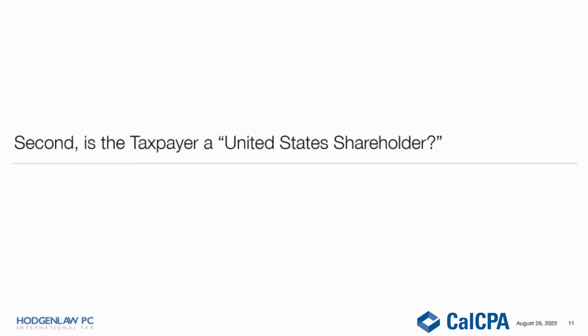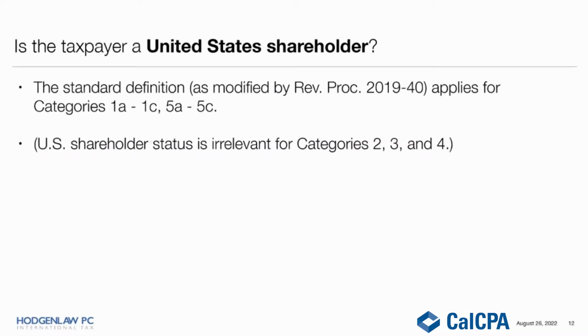The second thing that you need to look at, and this is more touchy than, are you a US person, is are you a United States shareholder, or US shareholder? And here, there's a standard definition of what a US shareholder is, and there are some embellishments here and there as you might expect.